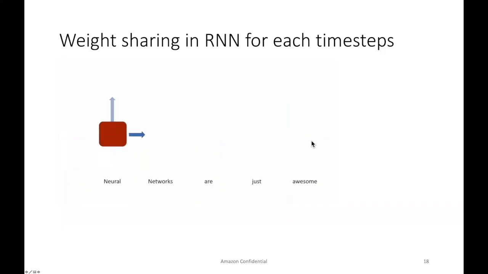Similarly, here is another representation. The input words are changing, and the hidden state also changes, but the RNN remains the same and is just reused at each time step, and the RNN is composed essentially of three weight matrices.